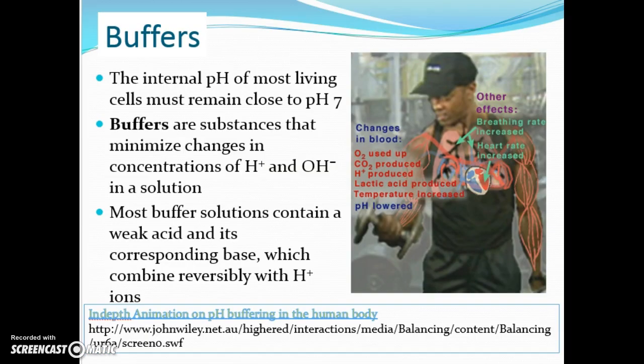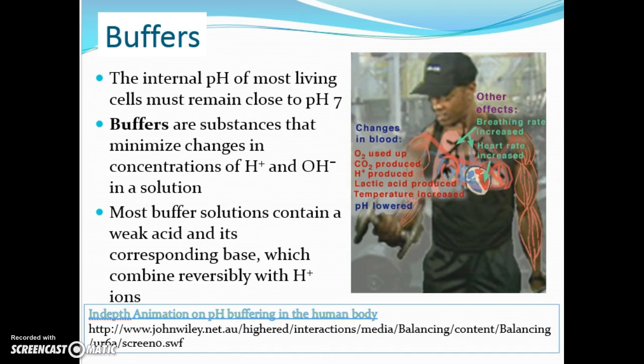So again, why is this important? The internal pH of most living cells has to stay close to that neutral pH of 7. So buffers are substances that can minimize the changes in concentration of those hydrogen and hydroxide ions in a solution.